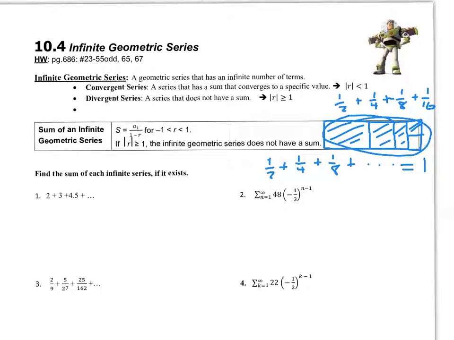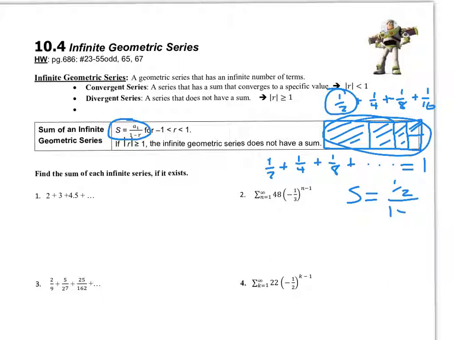So the formula for that is: you take the first term, that's your numerator, and you divide by 1 minus r, where r is the common ratio.